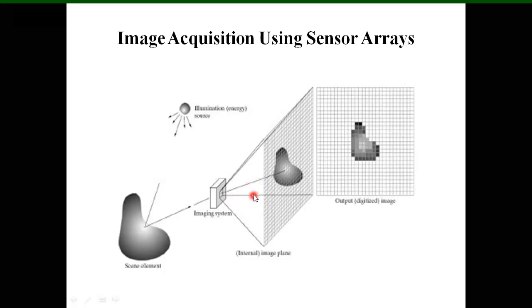The first function performed by the imaging system is to collect the incoming energy and focus it onto an image plane.